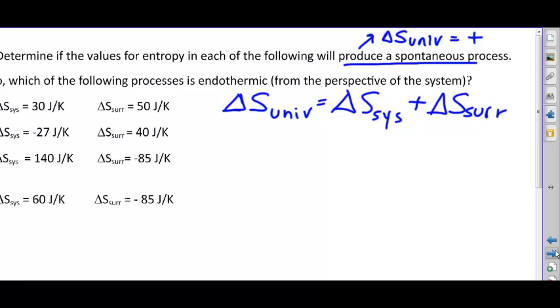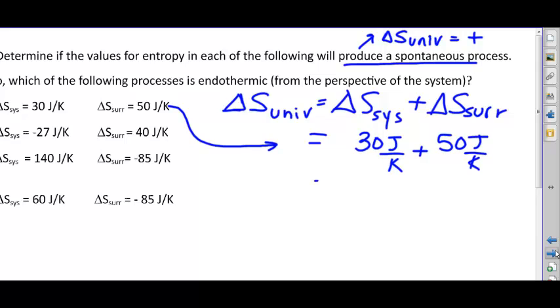So you should be able to calculate what delta S of the universe is for A. If I do it for A, and then you can do the rest, we'll do A together. Delta S of the system is 30 joules per Kelvin, and delta S of the surroundings is 50 joules per Kelvin. So delta S of the universe will be 80 joules per Kelvin.